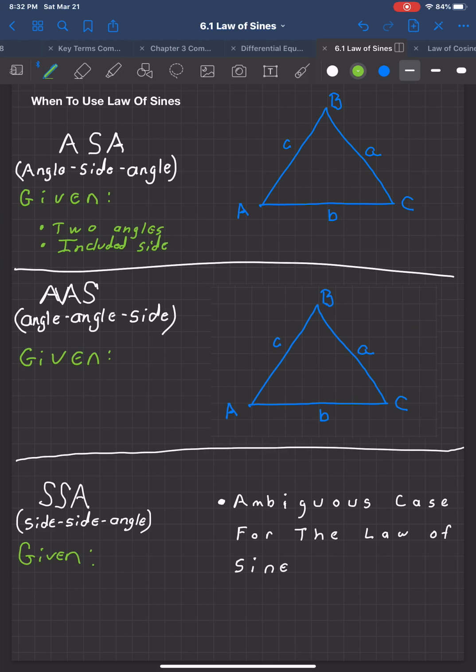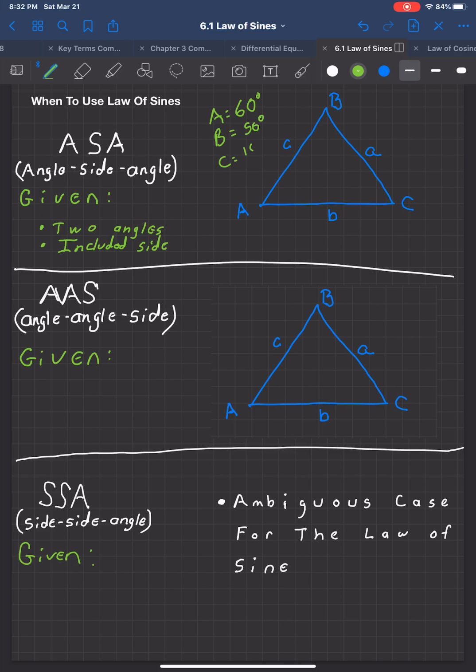So what would that look like? Let's use this blue triangle here. I'm just going to make up something. Let's say that A is 60 degrees, and we'll say that B is 50 degrees, and remember, it's angle, side, angle, so the side between those 2 angles would be side C, and we'll make up something.